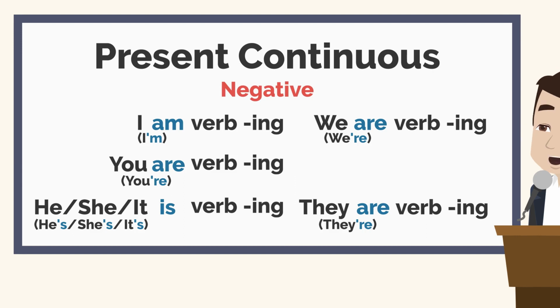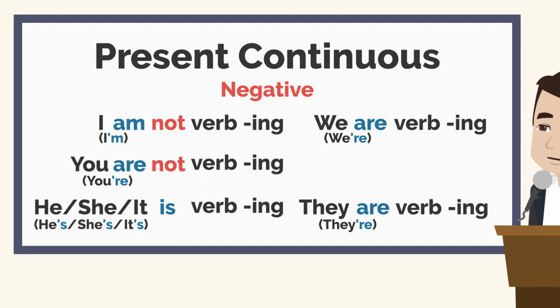The negative conjugation for the present continuous is I am not, or I'm not, if you want to use a contraction, plus verb and ing. You are not, or you're not, or you aren't. Both work here, plus verb and ing.